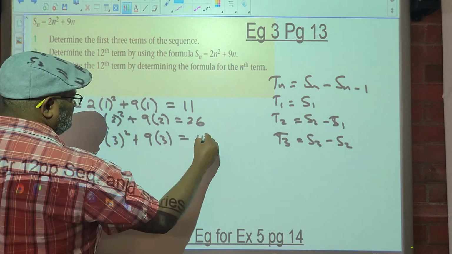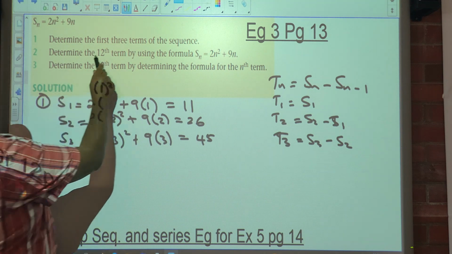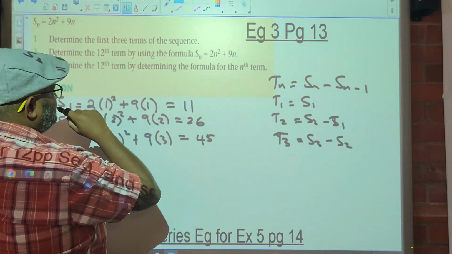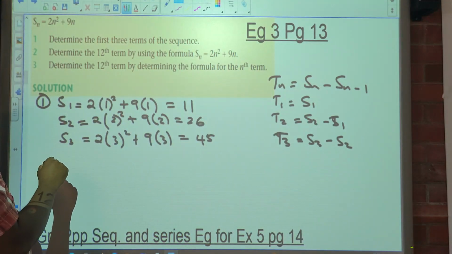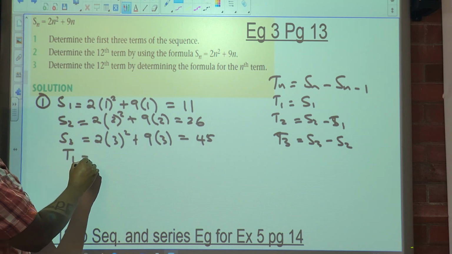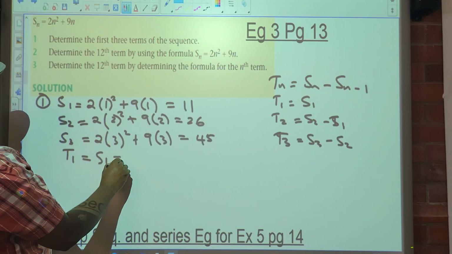Let's check. But I haven't answered the question. What is the question? Determine the first three terms of the sequence. Okay? So, T1 is simply going to be S1, which is 11.